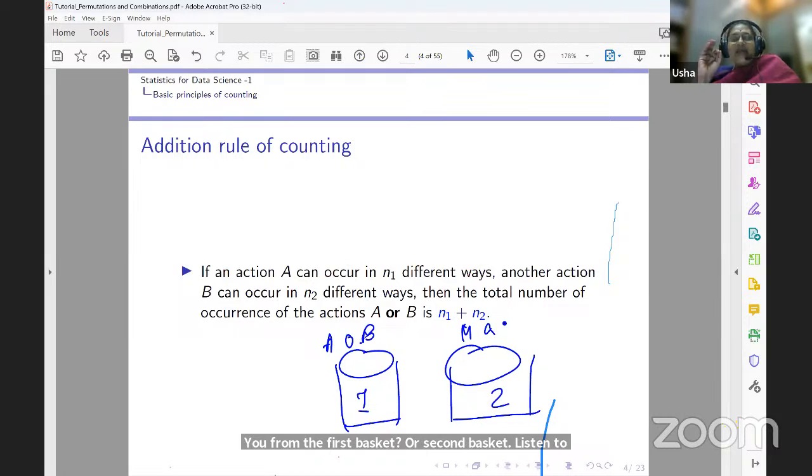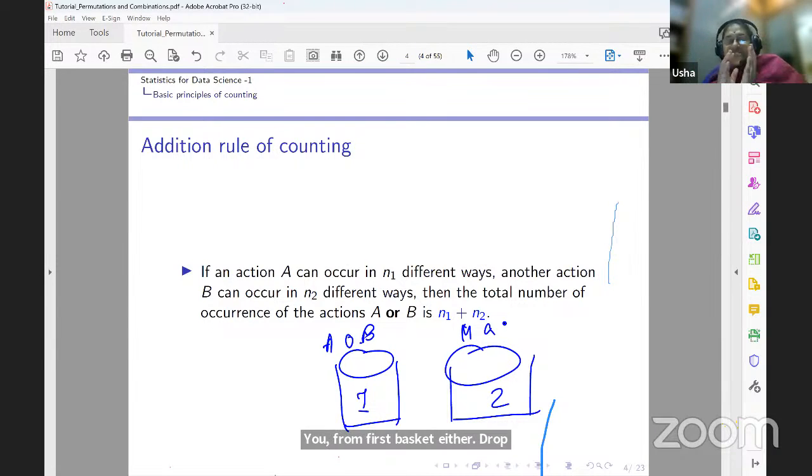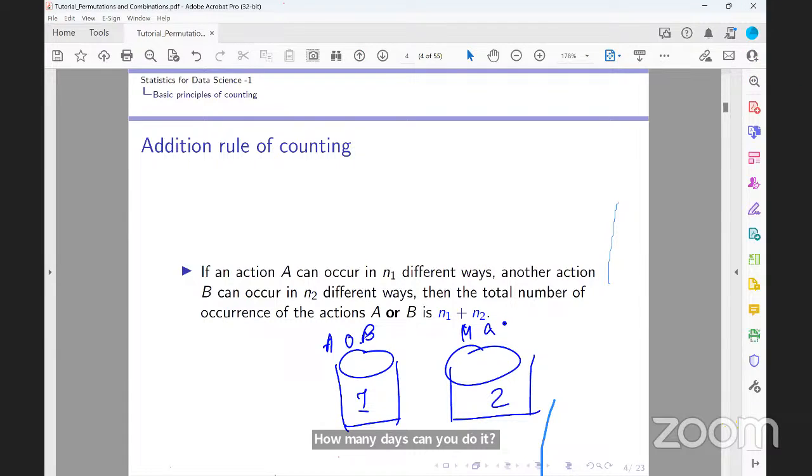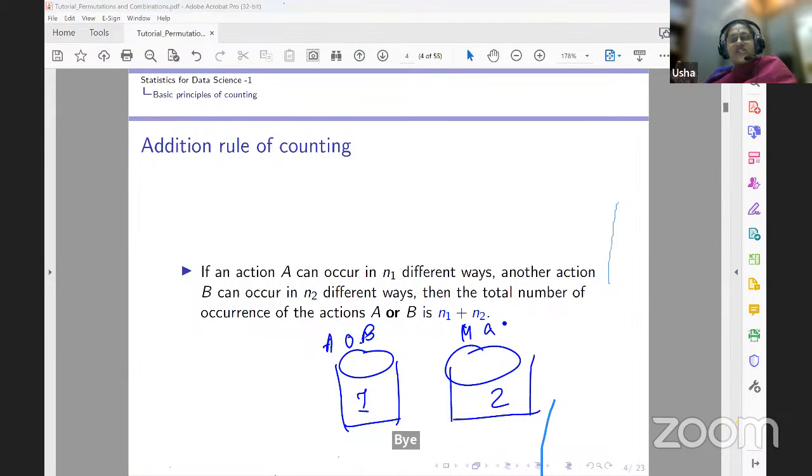If I tell you that you have to choose a fruit either from the first basket or from the second basket, in how many ways can you do it? Please use the chat box. Yeah, 5. 5 is the right answer.